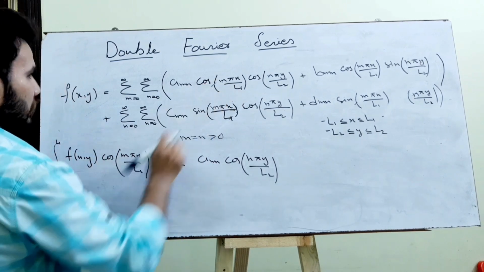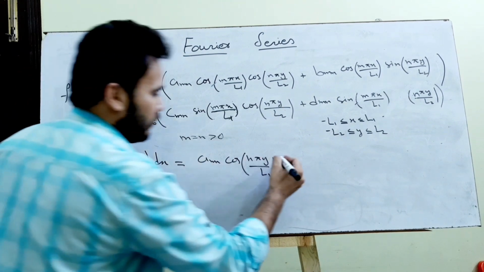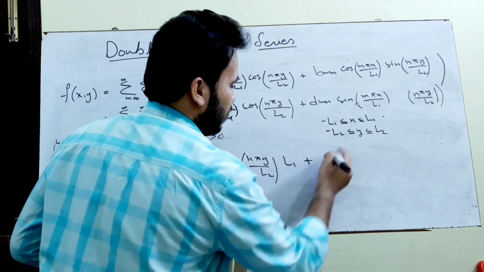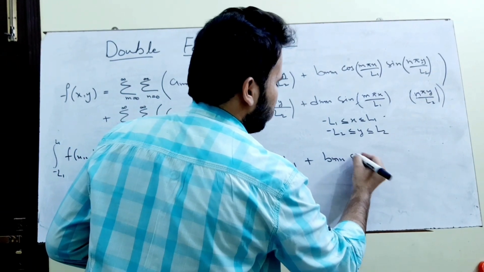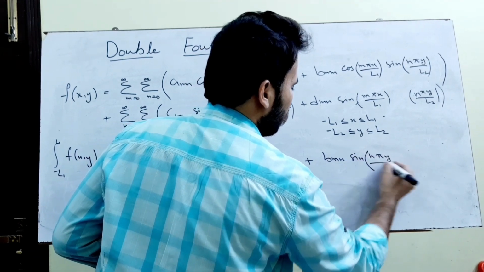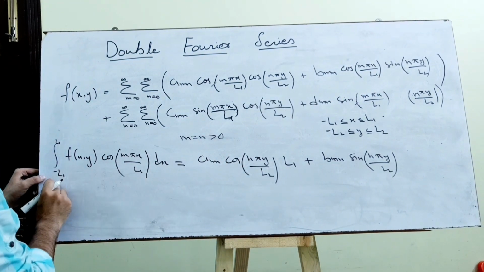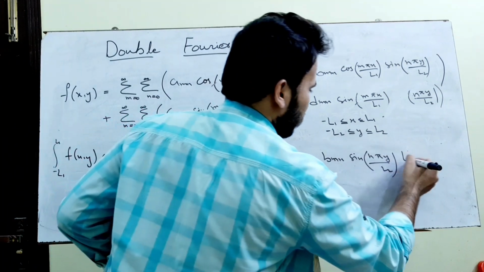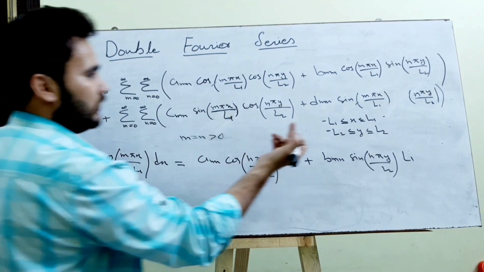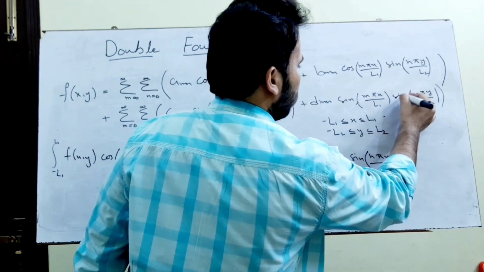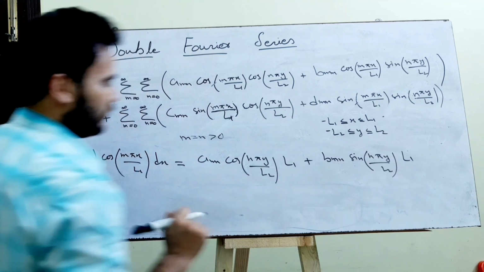The integration of cosine squared m pi x over L1 from minus L1 to L1 is just L1. Same here, b_mn is constant and sine n pi y is constant, so they stay outside. The integration of sine m pi x times cosine m pi x will be 0, so the remaining part is just this thing.